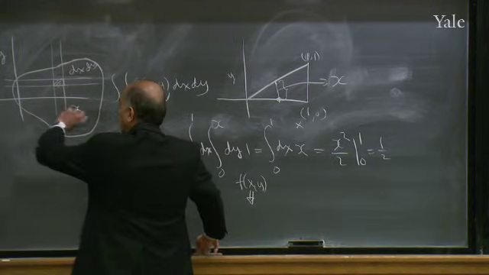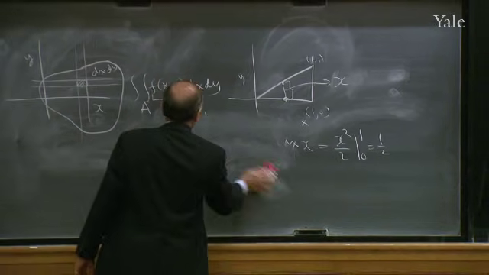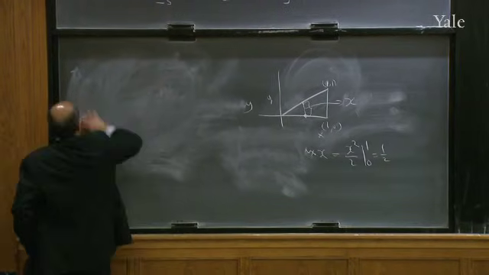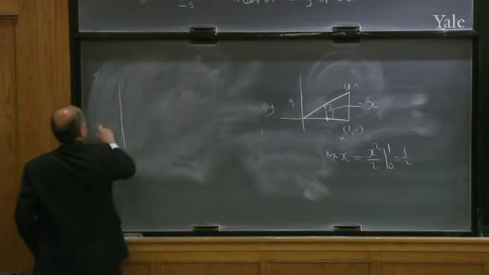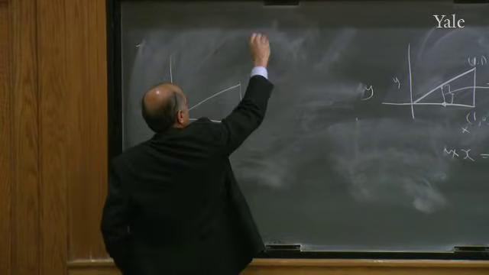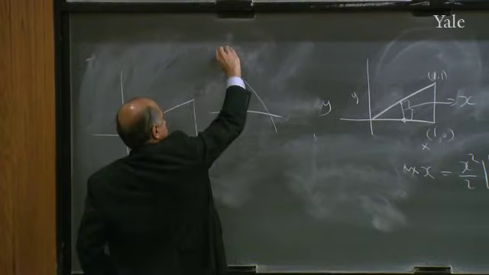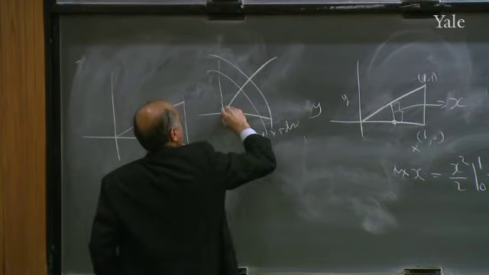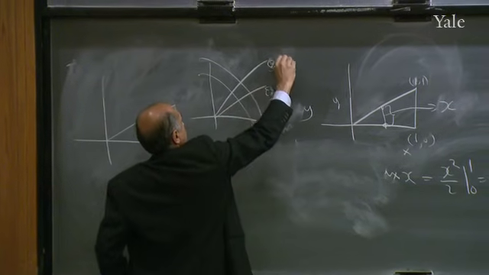But the final thing I'm going to do is to do the same integral in polar coordinates. Area of a triangle in polar coordinates looks like this. In polar coordinates, as you know, you draw circles of r and r plus dr, and lines at theta and theta plus d theta.